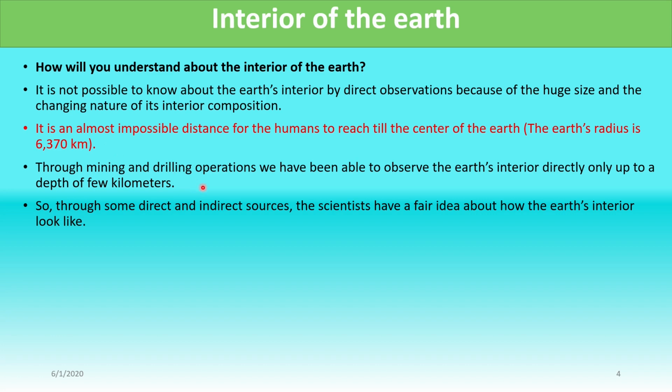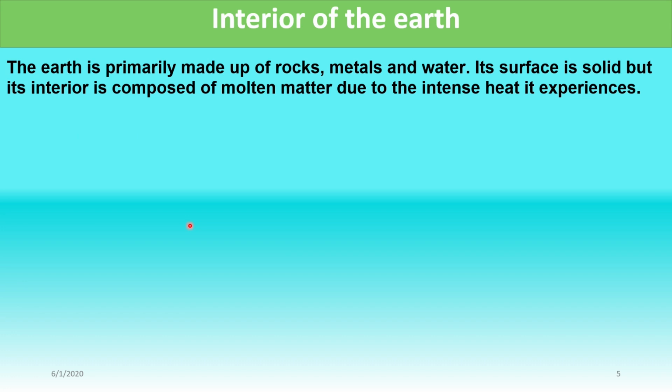Through mining and drilling operations, we have been able to observe the Earth's interior directly only up to a depth of a few kilometers. So, through some direct and indirect sources, scientists have a fair idea of how the Earth's interior looks.